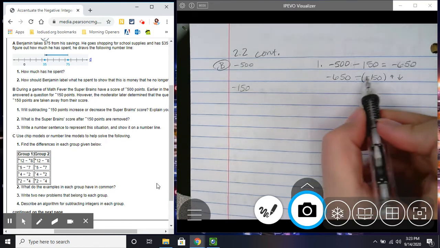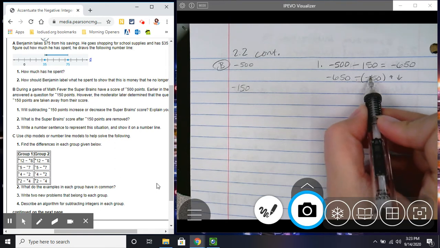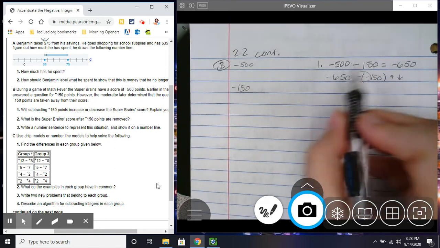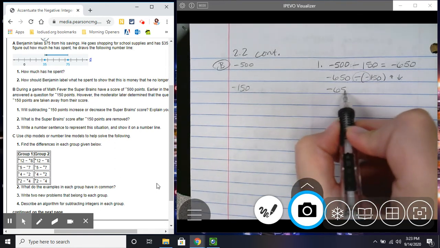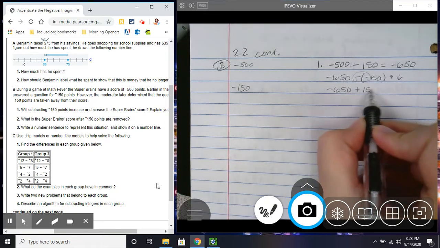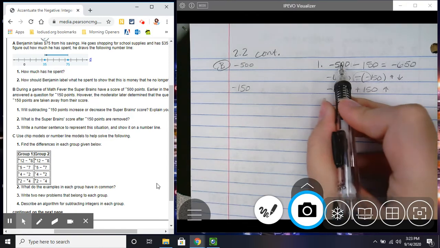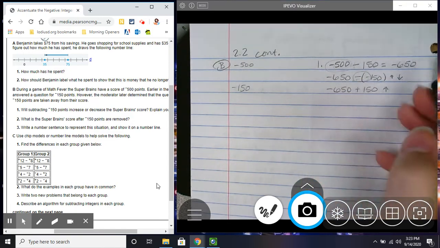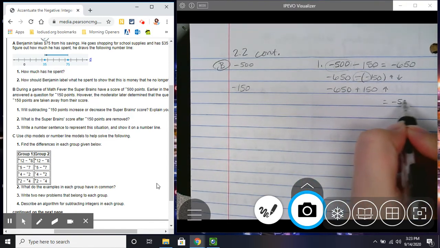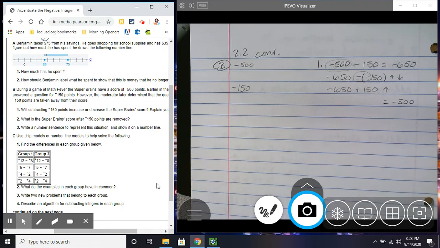So what you have to remember, again, is that these two things cancel each other out. So you're going to be left with 650 plus 150, which is going to make it go up. So it's going to bounce them back to the original -500 score. So it will undo what has been done, which is the point.